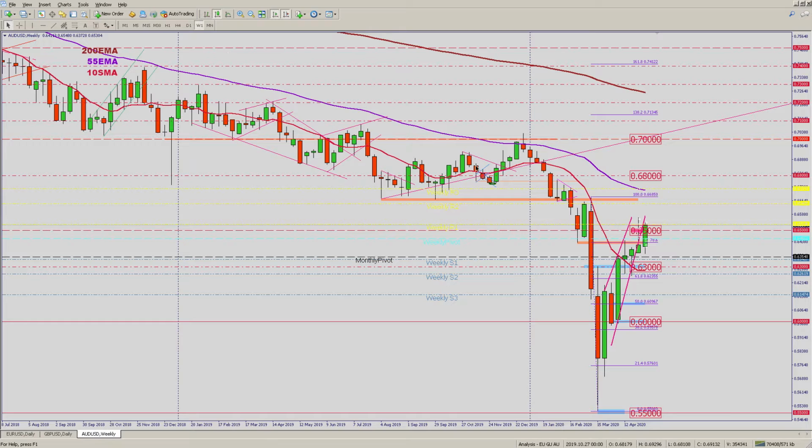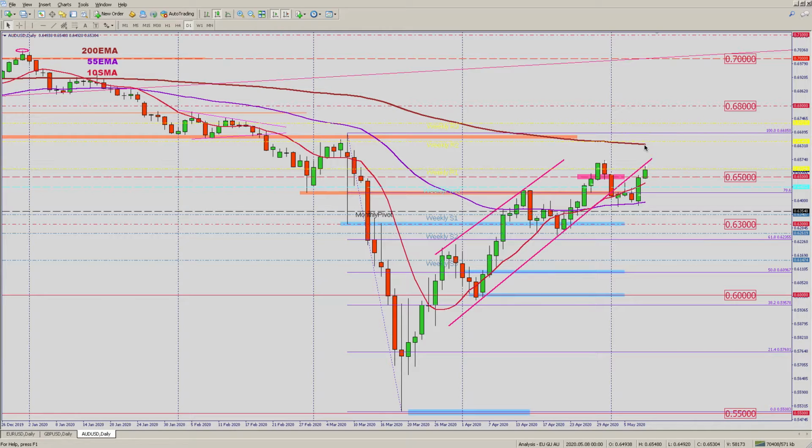So let's take a look at the weekly time frame, and this was a more bullish close and a candle for the week as well. So there could be some bullish momentum to push it up to retest the next resistance zone.